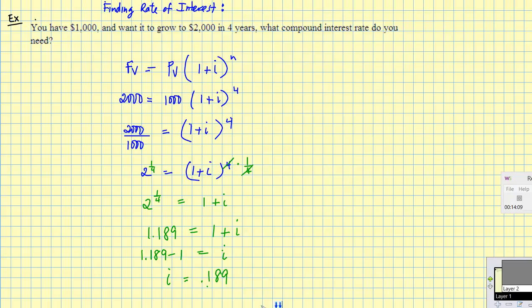And 0.189, when it gets multiplied by 100%, gives me that the percentage is 18.9%, which is approximately 19%. So we know that it's 18.9% in the answer to this problem.